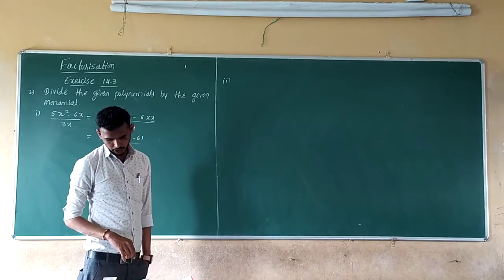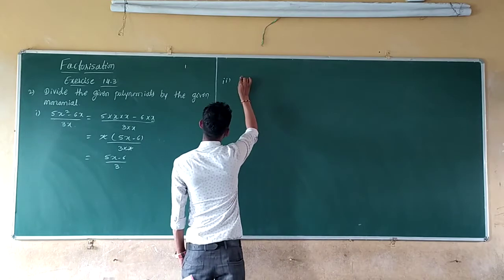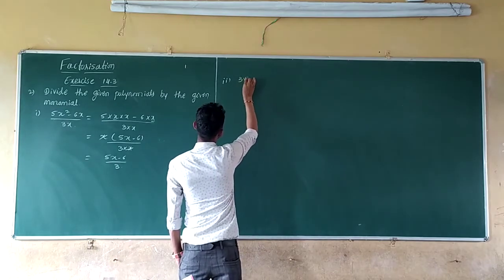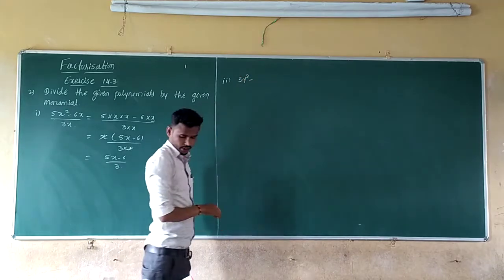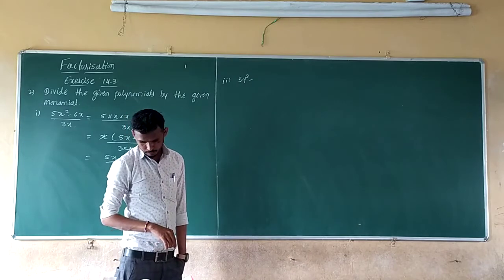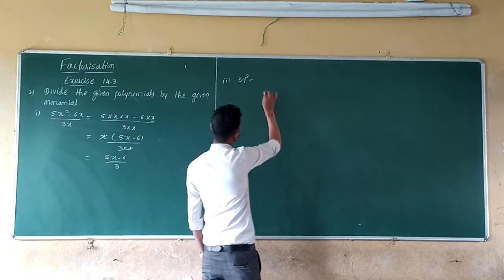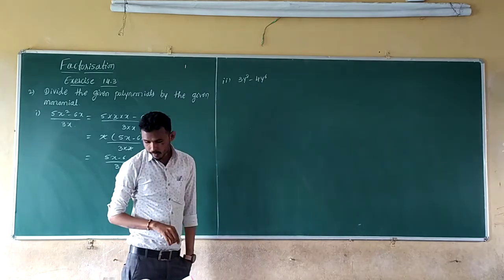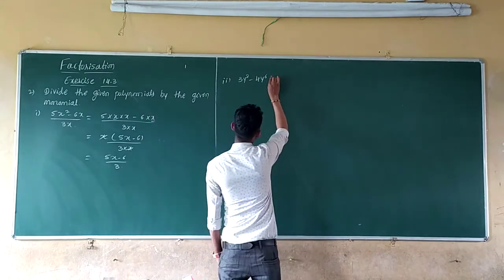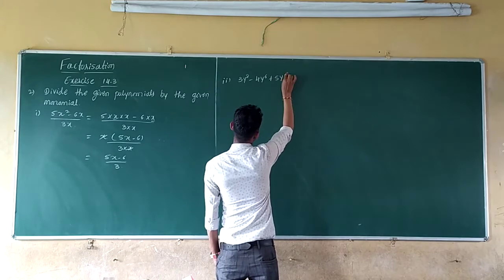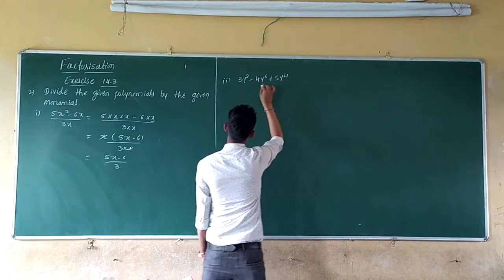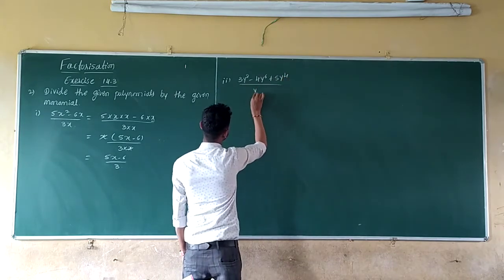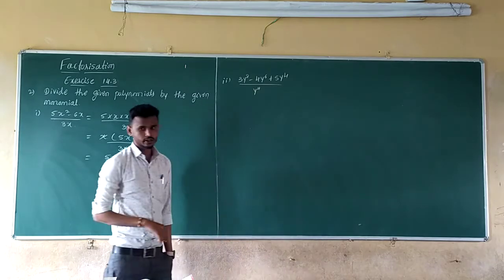3y raised to 8 minus 4y raised to 6 plus 5y raised to 4, divided by y raised to 4.